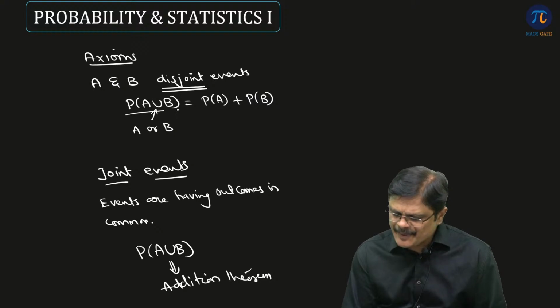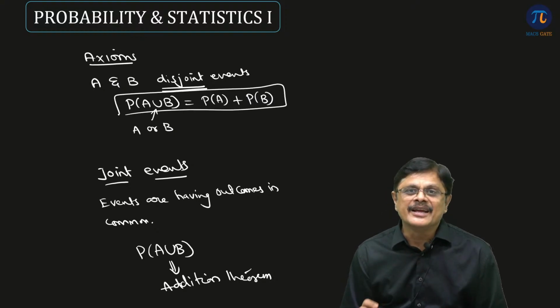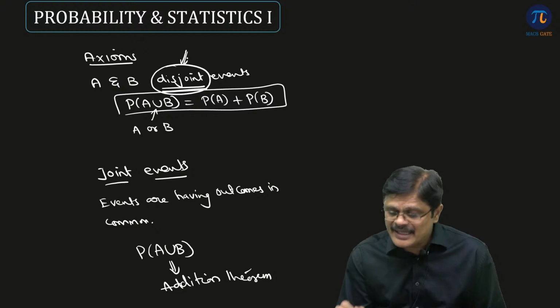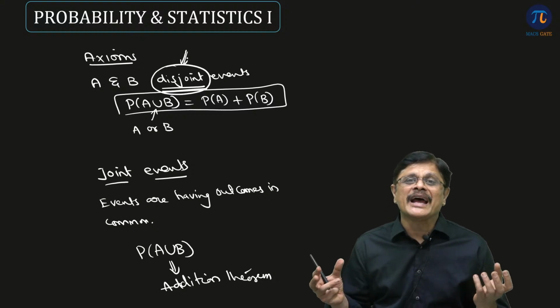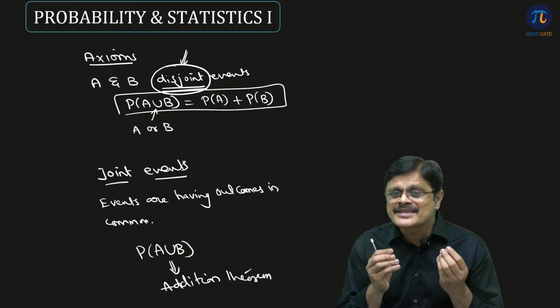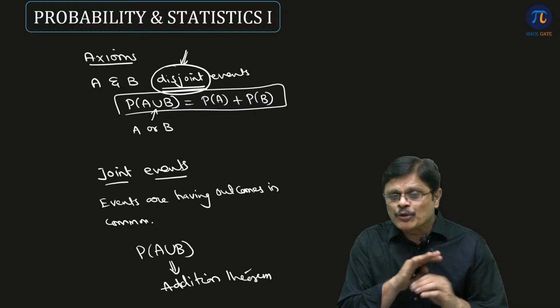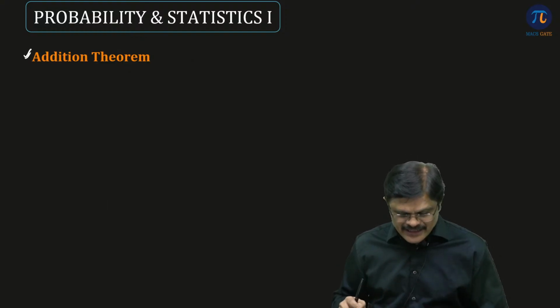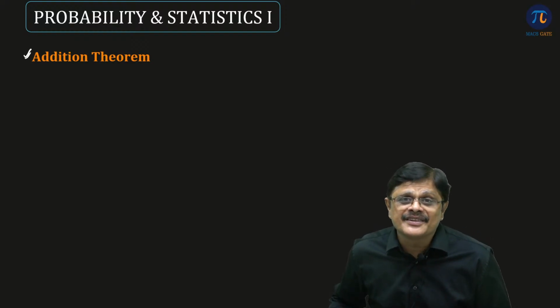Generally I see people writing this formula blindly. This formula is valid when A and B are disjoint events, that is, if they do not have any outcomes in common. Otherwise, you need to go for the addition theorem.